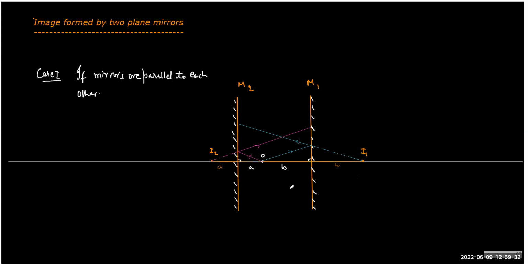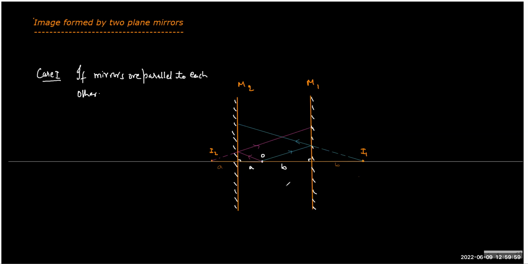So any image which is in front of the mirror will be acting as the object. So I1 is the object for M2 now, and I2 is the object for M1 now. Do you realize what I'm saying?